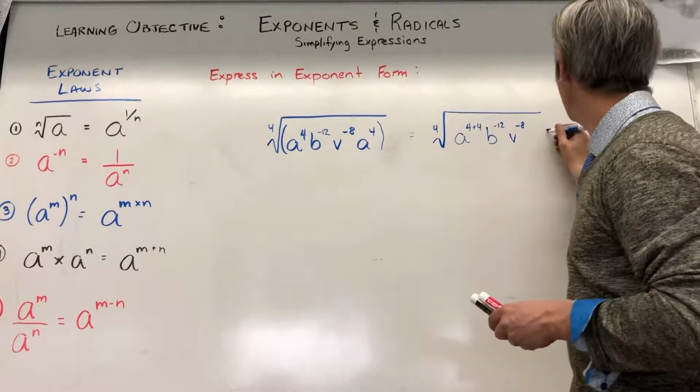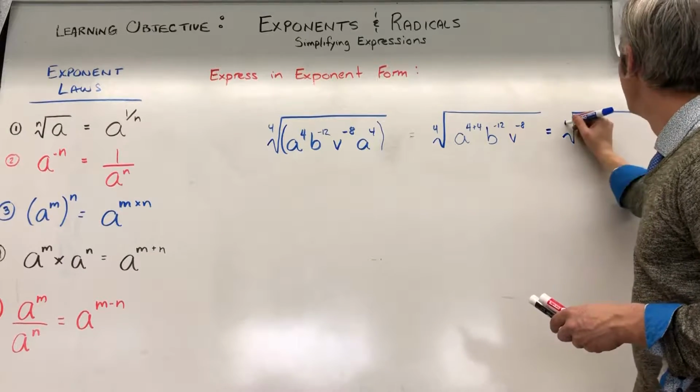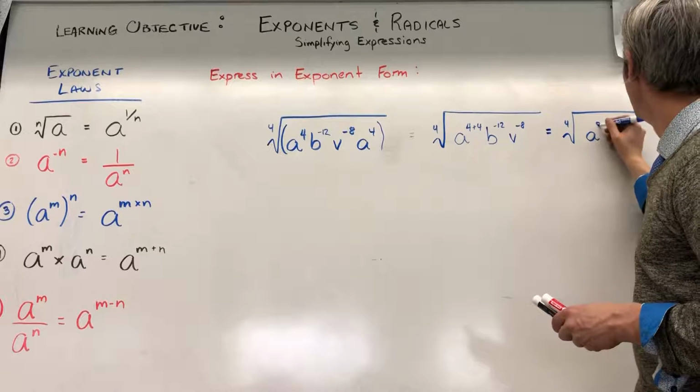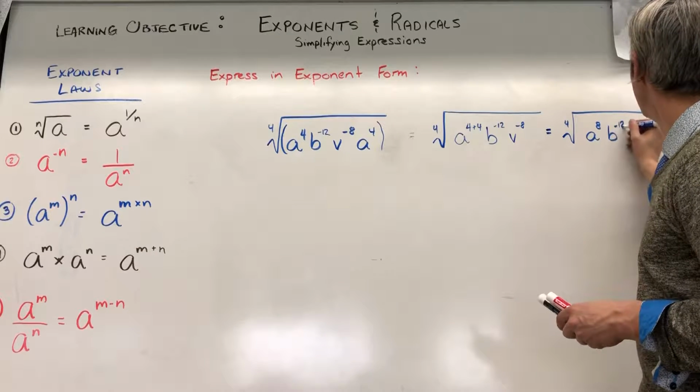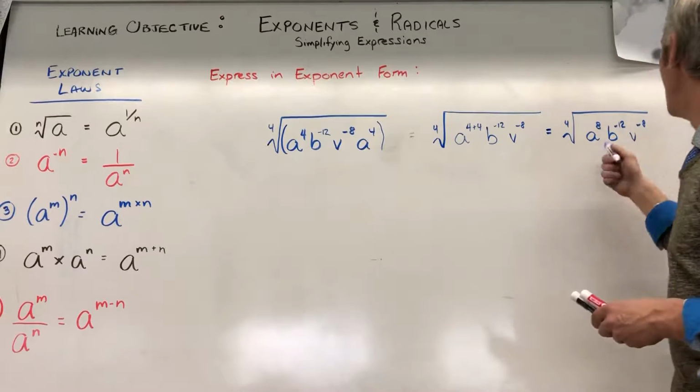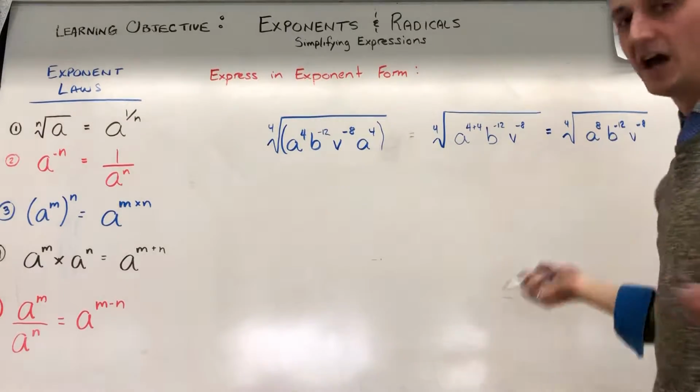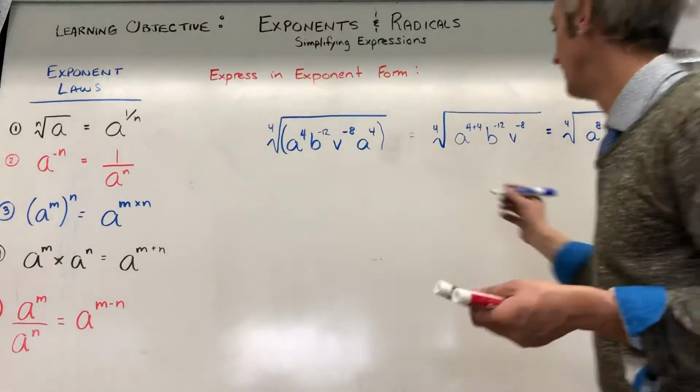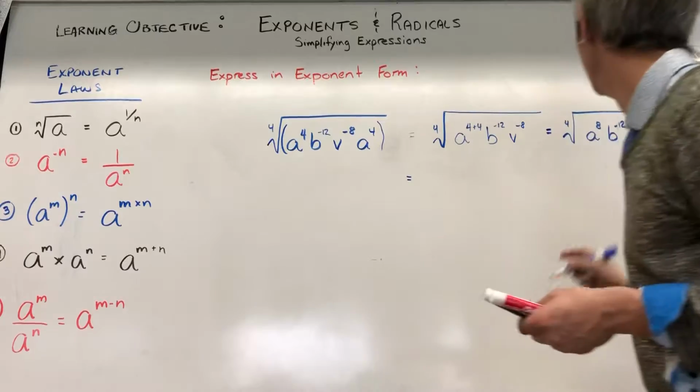So this will give me the quad root of a to the 8, b to the negative 12, b to the negative 8. I'm not going to kick these guys downstairs yet because I'm not at the final answer yet, so I don't have to do it just yet.